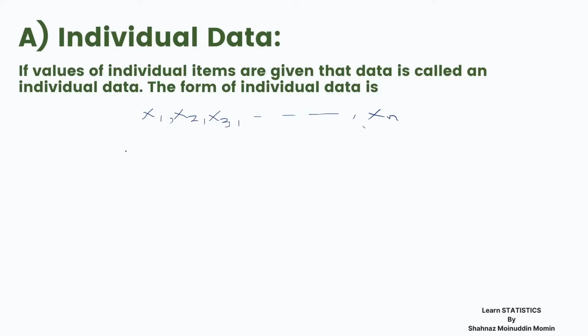For example, 1, 5, 9, 10, 12, 13, 15, etc. Here the separate values are given, hence this data is an individual data.